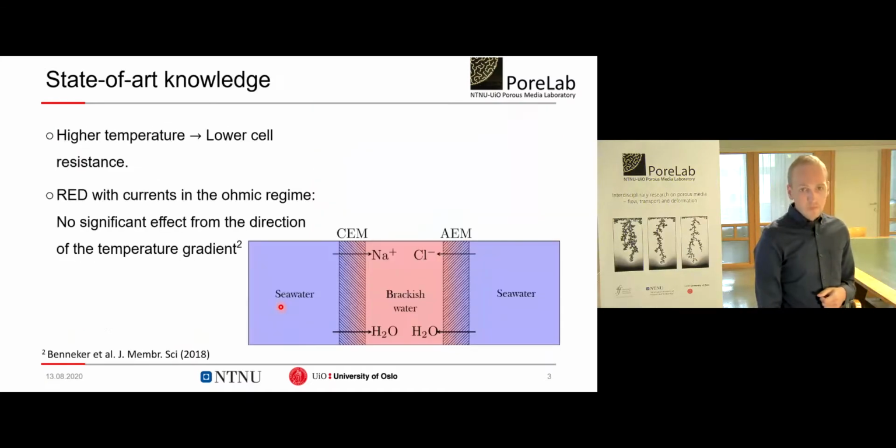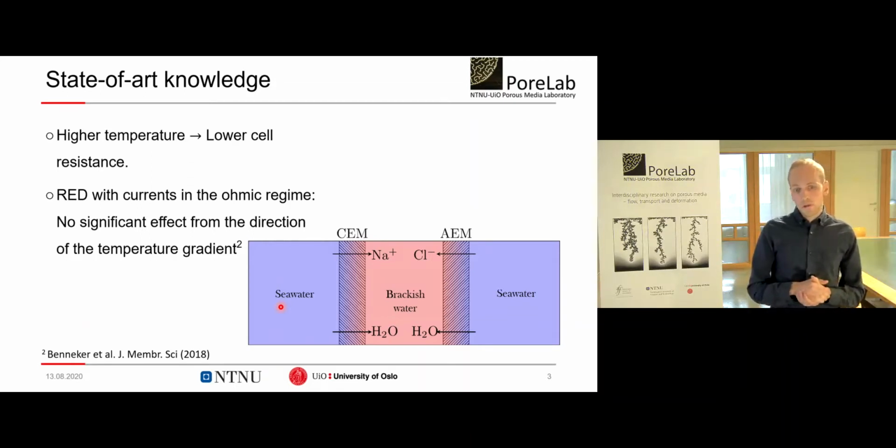So there has been done some studies on this already, on the effect of the thermal gradients in RED. What has been shown there is that the increased temperature lowers the cell resistance.